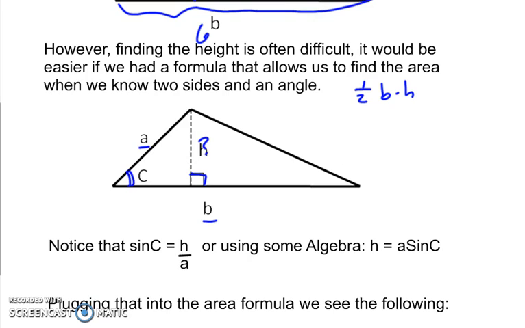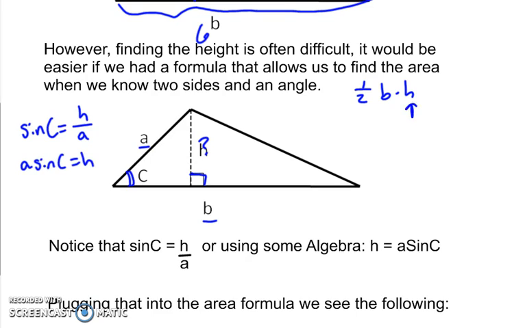What is the height? If I have a side, included angle, and a side, I could tell you what that height is by taking the sine of angle C. The sine of angle C would be the opposite to the hypotenuse, so that would be h divided by a, and if I multiply both sides by a, then a times sine of angle C is the height.